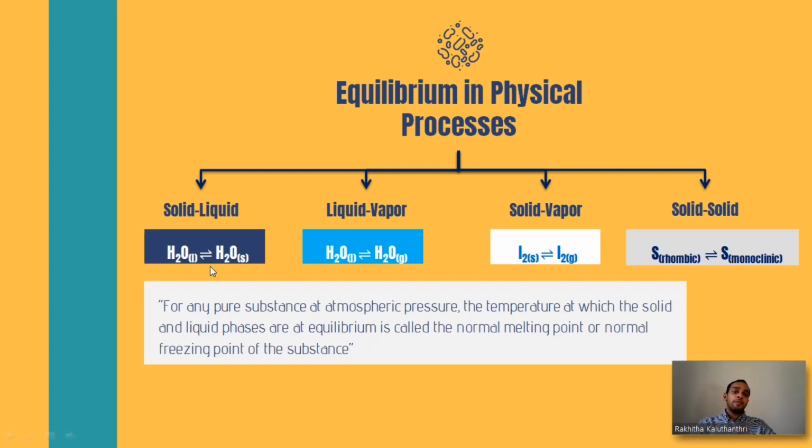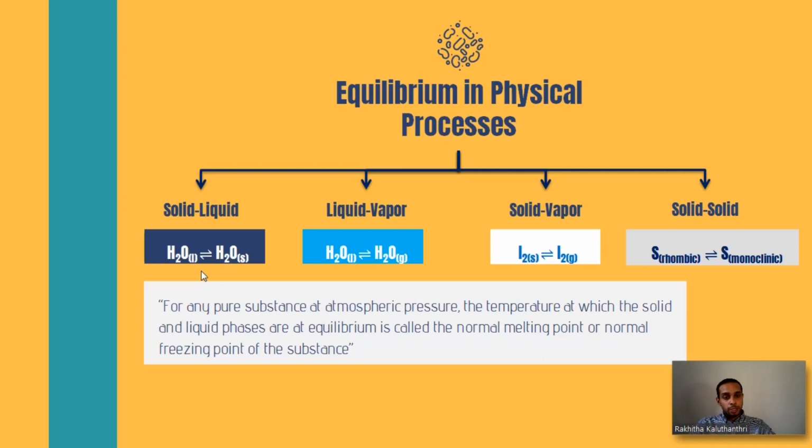Water is the most familiar substance for us when we are talking about equilibrium, and when you're talking about anything related to chemistry, you encounter water quite a lot. So it's a good example to take even here. At 0 degrees Celsius, you say water's freezing point is 0 degrees Celsius, or you say water's melting point is 0 degrees Celsius.